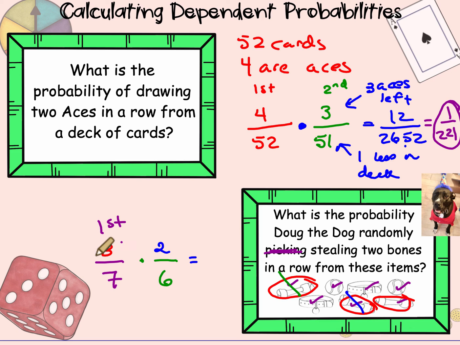So 3 goes into 3 once, 3 goes into 6 twice, 2 goes into 2, and now I have 1 times 1 and 7 times 1. That's a pretty good probability. And Doug, here he is, so cute, would probably do it. He loves bones. Okay, and that's the basics of calculating dependent probabilities.